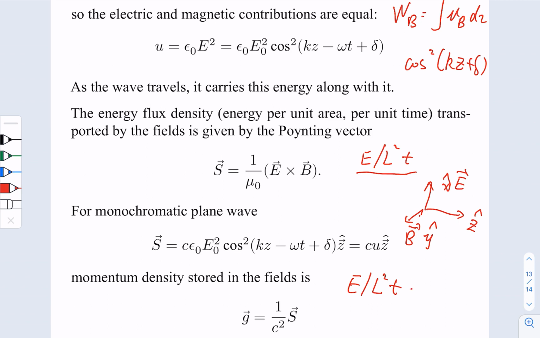Now if we multiply that by 1 over the speed of light squared, which is t squared divided by L squared, this gives us energy times t divided by L to the fourth.